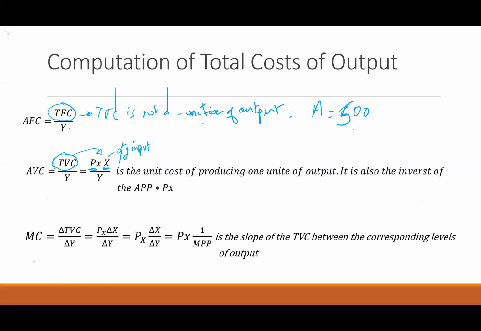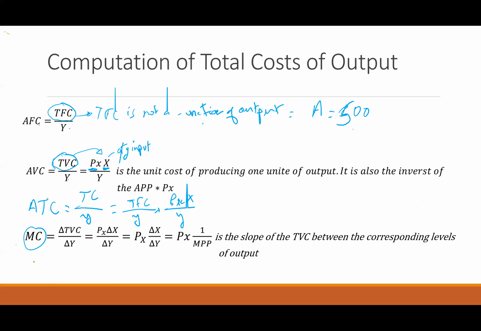We also have the average total cost, which is the total cost of production divided by Y. So it's going to be total fixed cost plus PX times X, divided by Y.